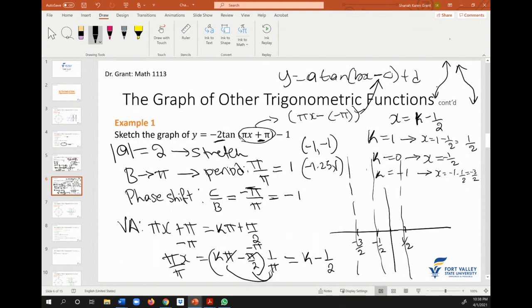All right, so -1, -1 is going to be somewhere here. And then the other, -1.25, 1 is going to be somewhere here. So that means my graph should look something like this. Okay.